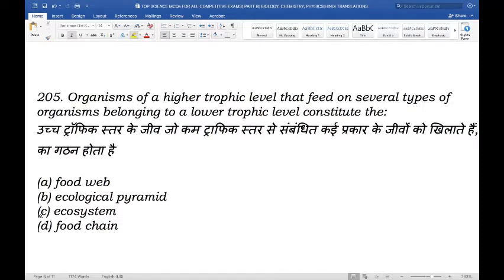So organisms of a higher trophic level that feed on organisms at a lower trophic level is called A, food web. Food web or food cycle is the natural interconnection of food chains of what eats what in an ecological community.